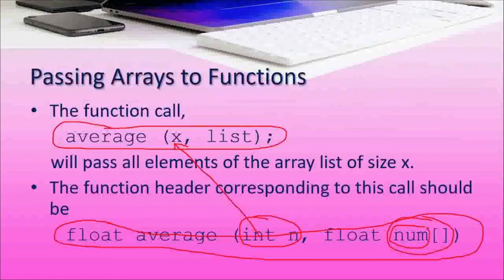If you want to pass an entire array, you have to give the square bracket also. So the function average will have two parameters, one representing the size of the array and the second the name of the array itself.